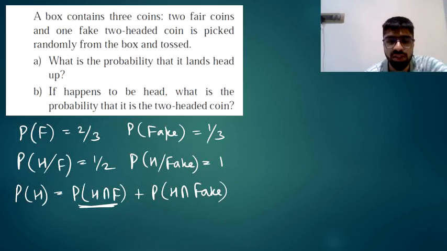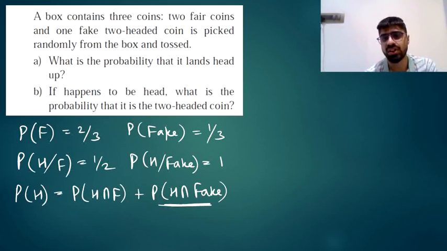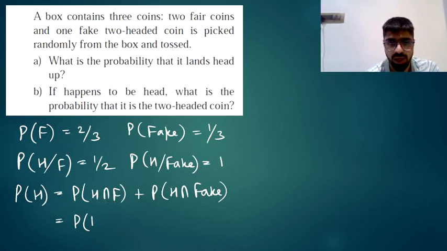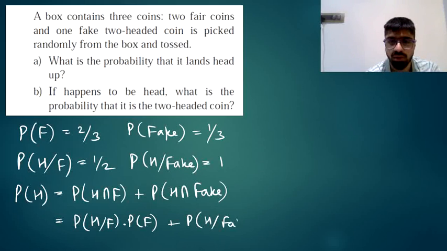So P of H intersection F or P of H intersection fake is going to be the total probability of getting a head. So this will be P of, we can write this H intersection F as H given F into P of F, plus this can be written as P of H given fake into P of fake.